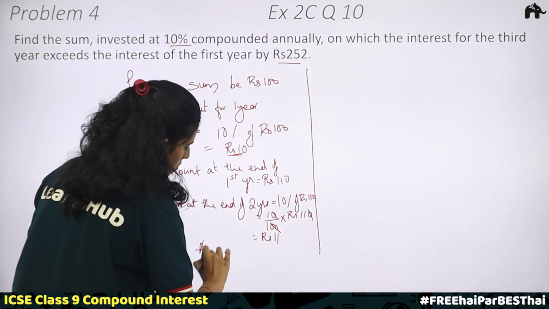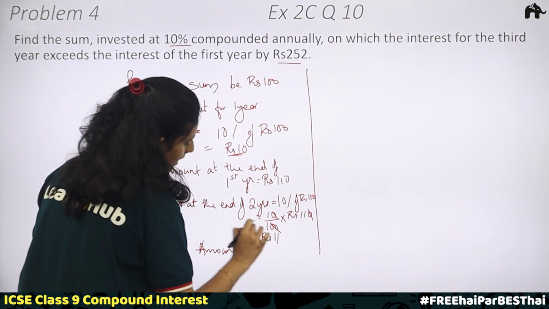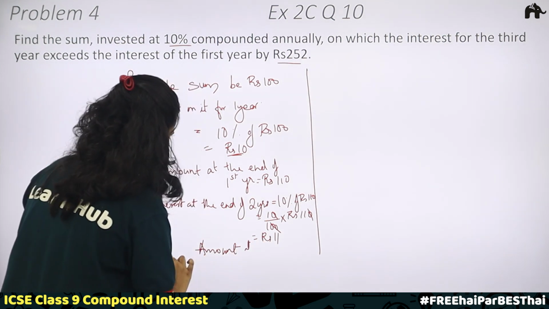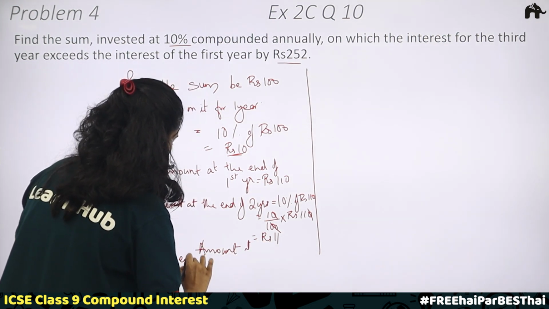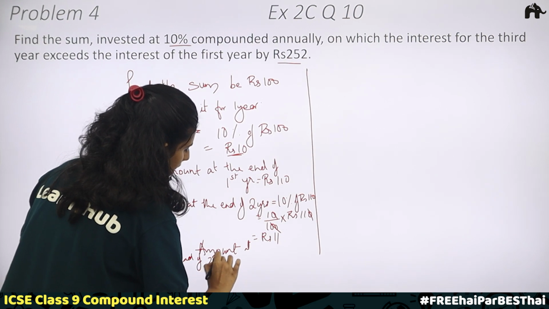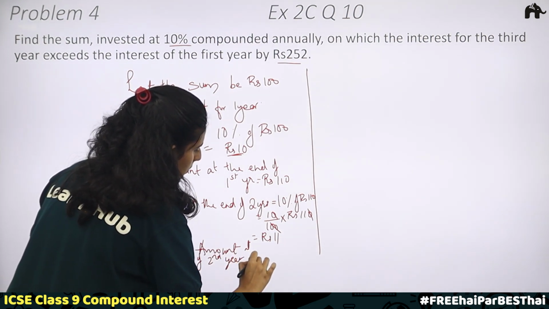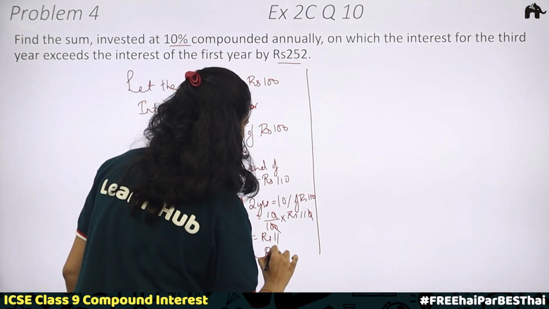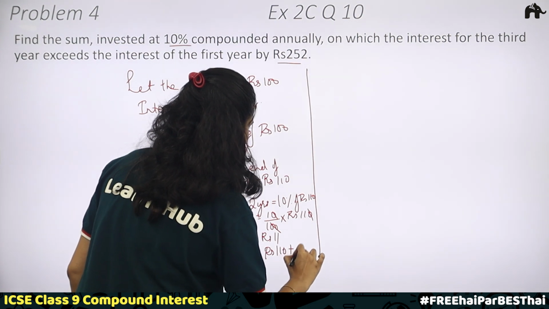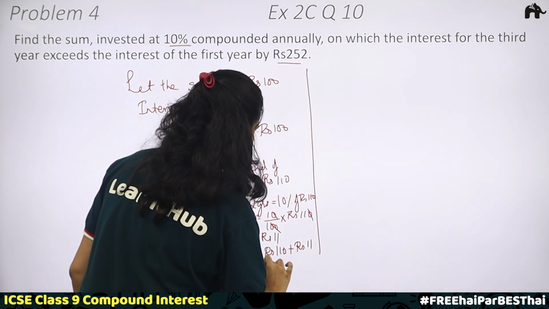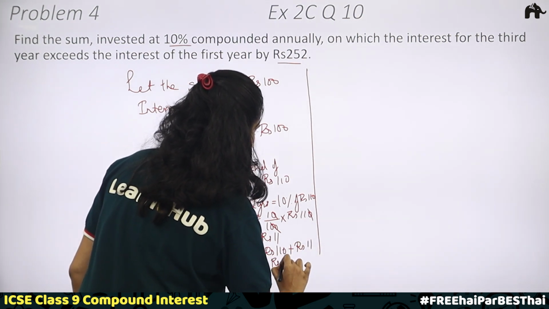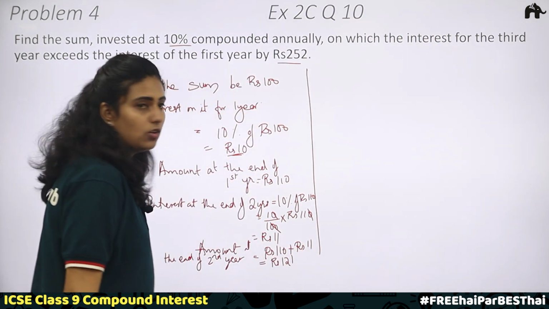Then what is the amount? Amount at the end of second year will be equal to rupees 110 plus rupees 11, that is rupees 121. Okay.